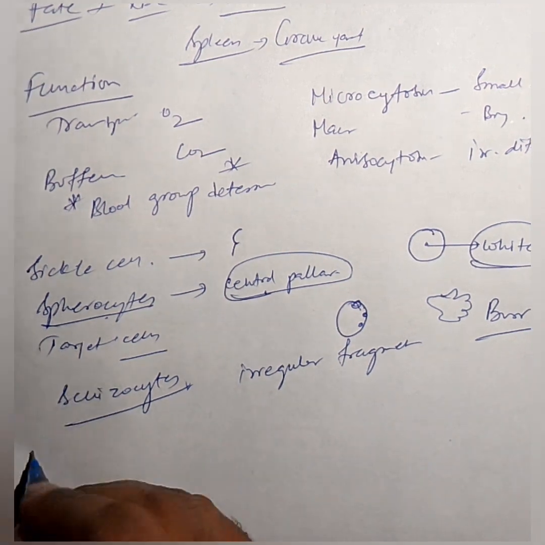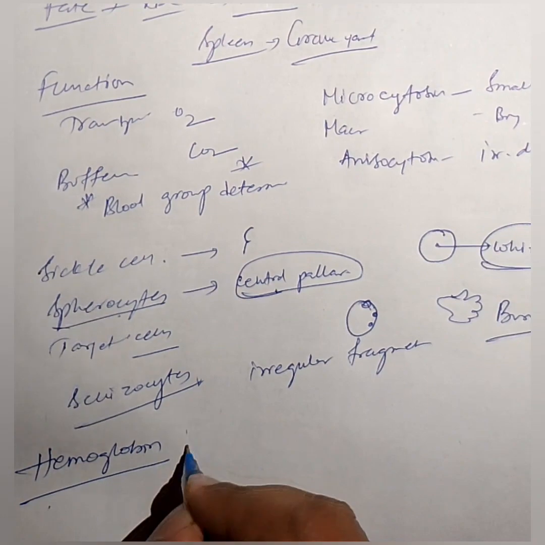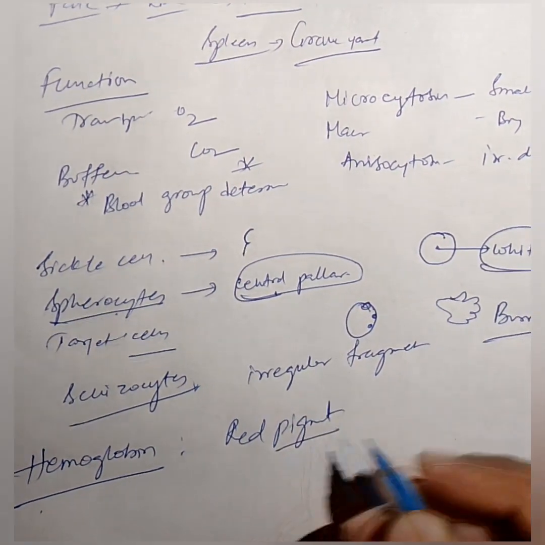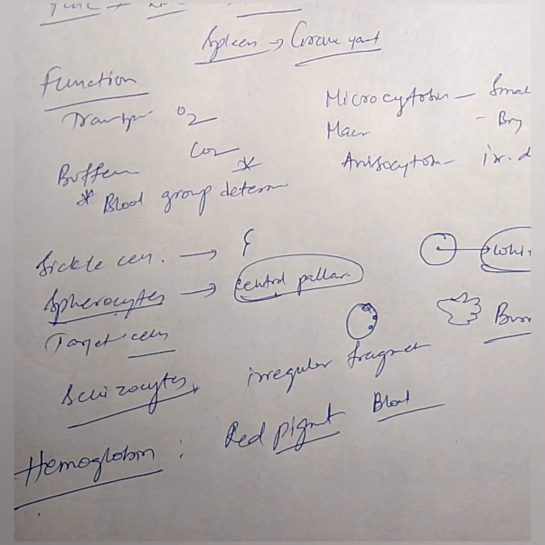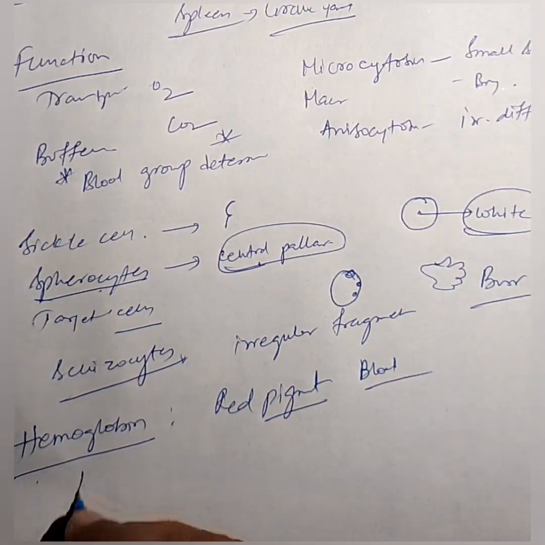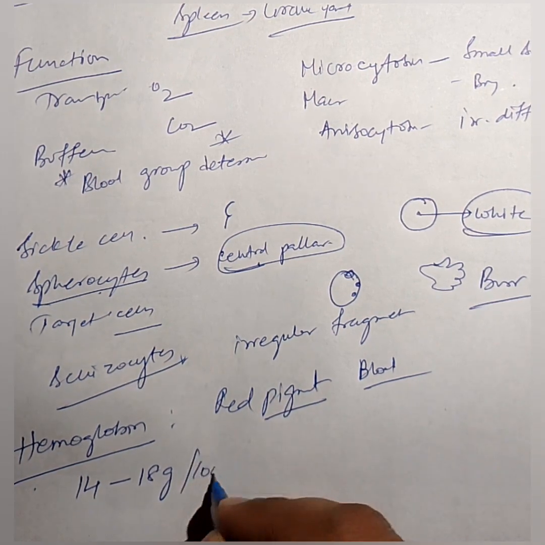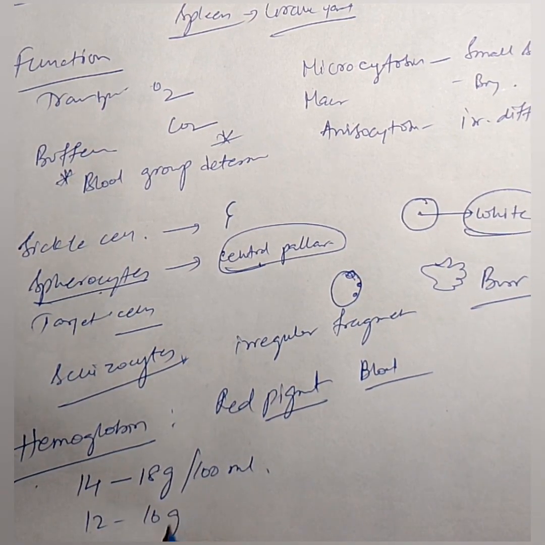Next, coming to the hemoglobin. What is hemoglobin? Hemoglobin, as discussed earlier, is a red pigment present in the blood. Because of this pigment, blood is red in color. The normal hemoglobin level in human beings, in males, is 14 to 18 grams per 100 ml, and in females it is 12 to 16 grams per 100 ml.